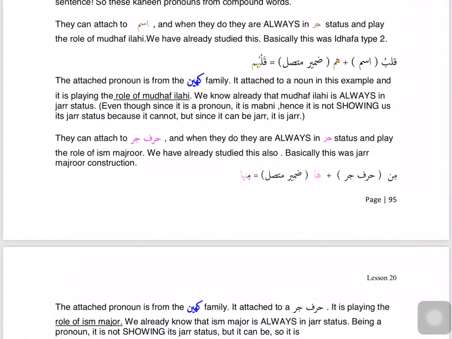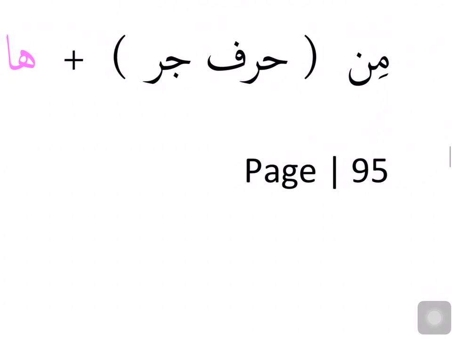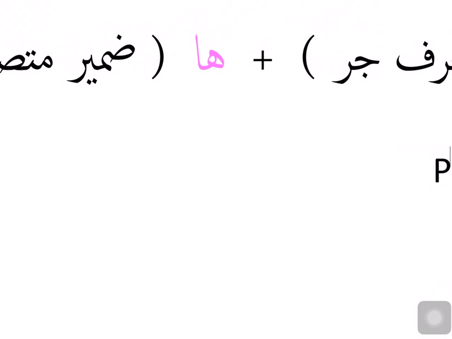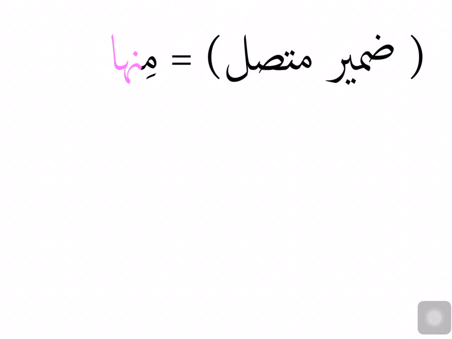The second thing kaheen pronouns can attach to is a harf of jar. For instance, take the harf of jar min. To this harf of jar, if you want to attach the pronoun ha, a damir muttasil, this will become minha, from it. In this case, the pronoun ha is said to be ism majroor. Remember, after a harf of jar, you will always find a noun which will be called ism majroor.